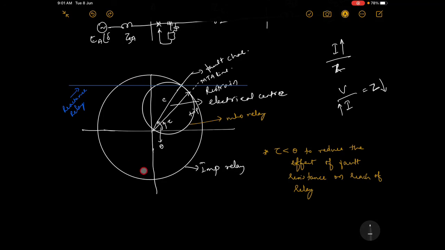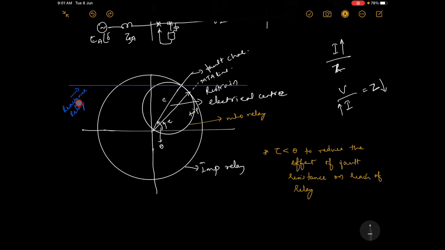We go for the impedance relay when there is a medium transmission line. Why? Because in a medium transmission line, of course, it is affected by arc resistance. We know that impedance is also affected by arc resistance, and it is also affected by power swing, but not as much compared to the reactance relay. In the reactance relay, the power swing problem is much greater. So in a medium transmission line we use the impedance relay.